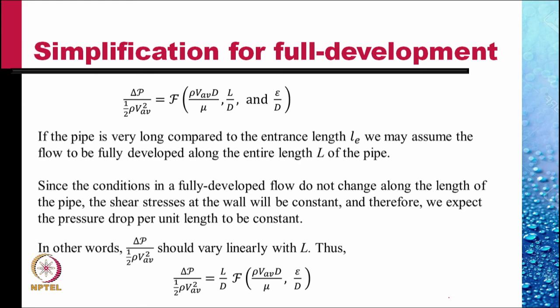And so we can write delta P over 1/2 rho V average square is L by D. The length parameter non-dimensional is taken out.